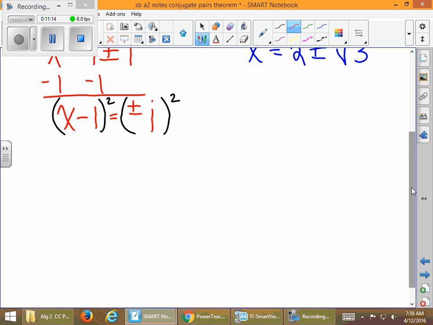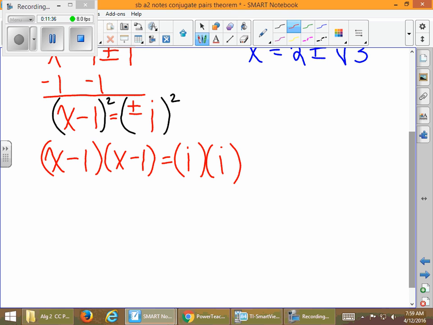So we get x minus 1 times x minus 1. But it doesn't matter whether we square a positive value or we square a negative value. Positive times positive is positive. Negative times negative is still positive. Over here, this just means i times i.